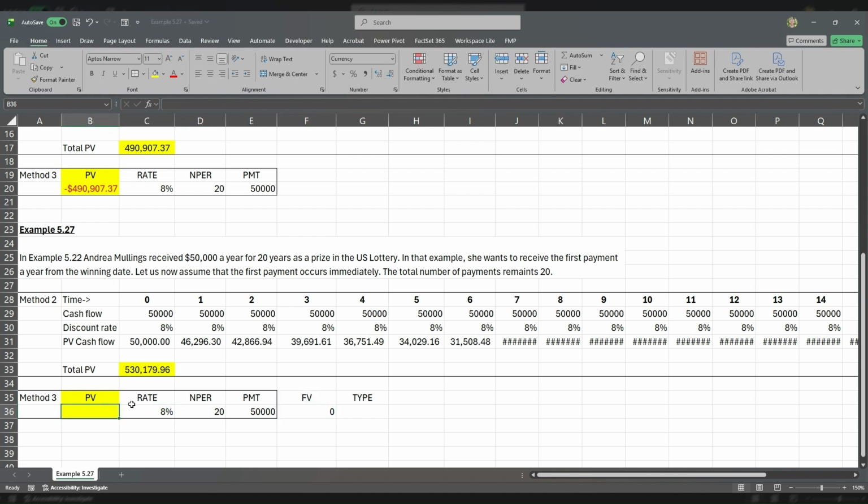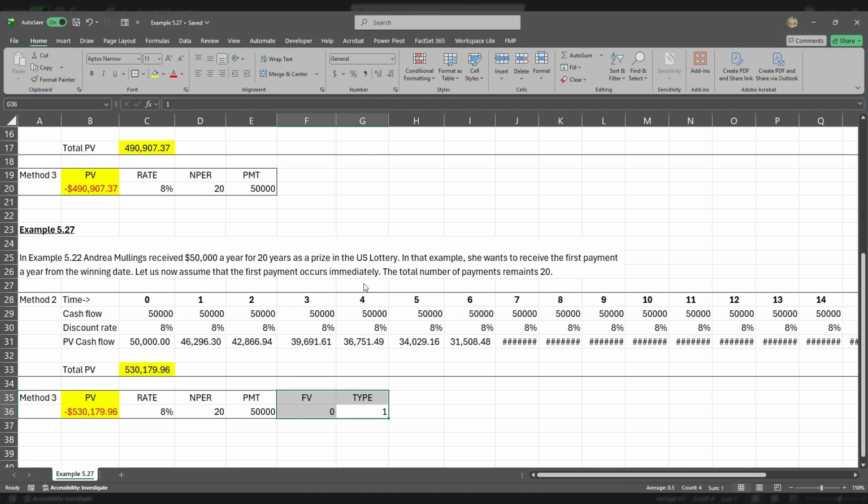So let's just delete this and type equals PV. I have rate, nper, and payment. My future value is 0, and I have type as 1 at the beginning or 0 at the end. So I'm going to put here type, and I can just change this from a 0 to a 1. 0, 1. And there we have it.